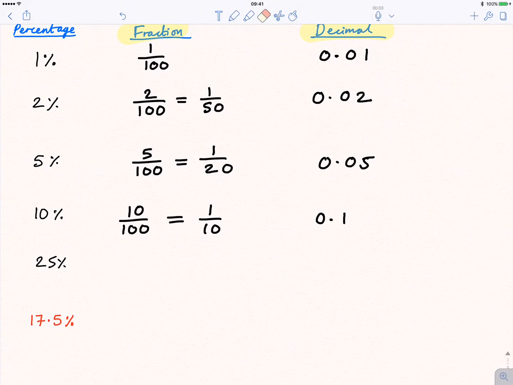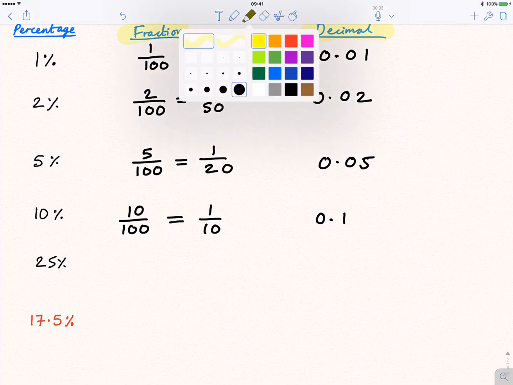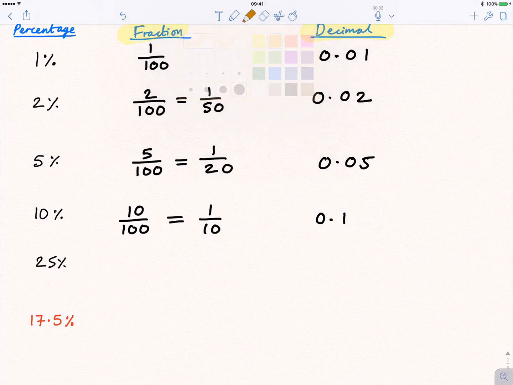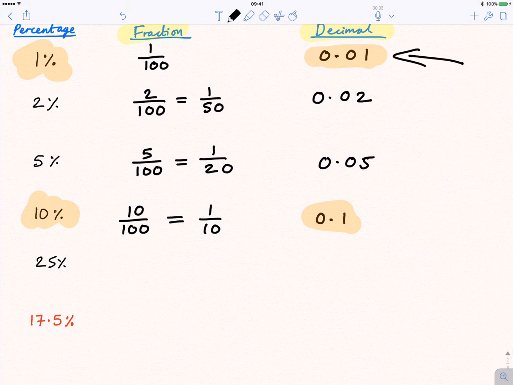Now notice the difference between 1% and 10%. 1% is 0.01 and 10% is 0.1, or sometimes it is written as 0.10. It is exactly the same as 0.1.